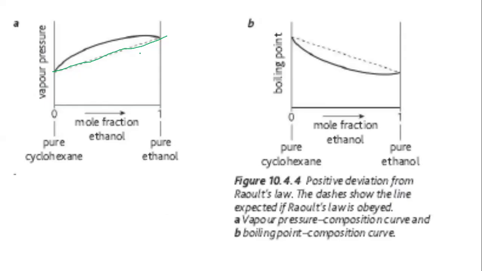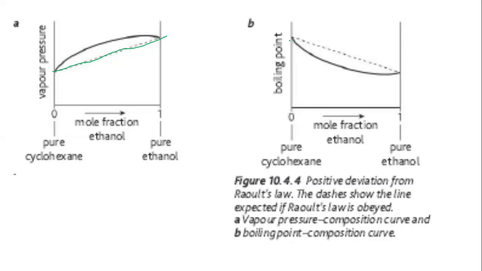Now, what you actually see is that the pressure of the mixture is giving this slight little curve here, so it's not exactly linear, and the vapor pressure of the ethanol is slightly higher than you would expect.